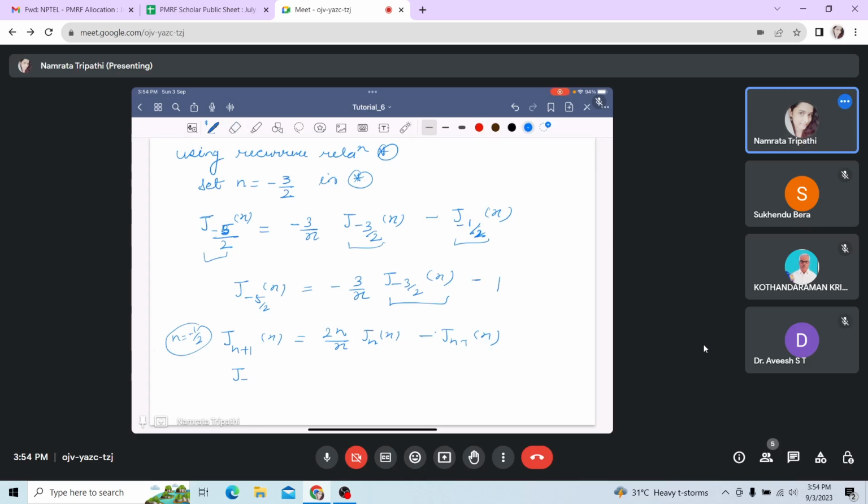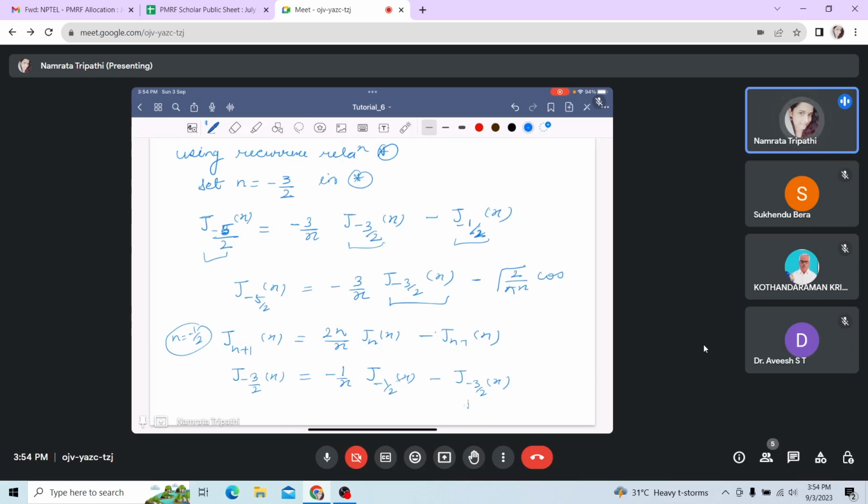What is the value of this? It is under root 2 upon pi x cos of x, and after substituting z minus 1 by 2 you will get z minus 3 by 2 of x. Here after substituting you will get 1 by x z of minus 1 by 2 minus z of minus 3 by 2. Is it okay? Yes, ma'am. Now what will be the value of z minus 3 by 2?